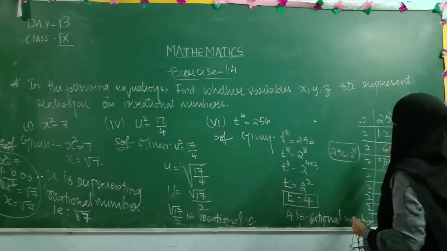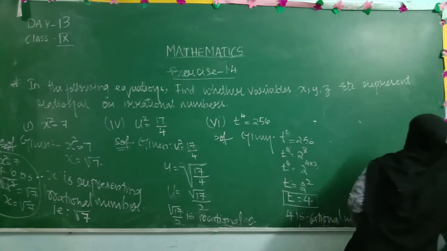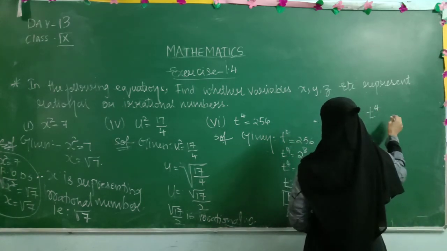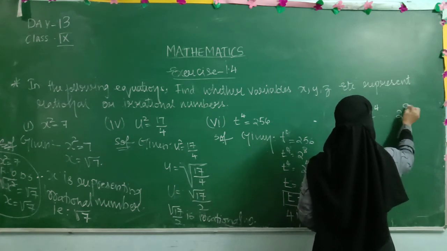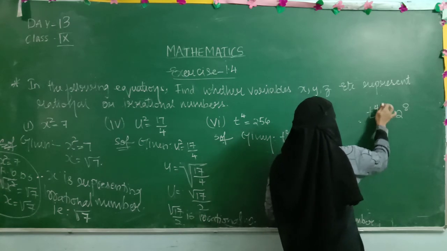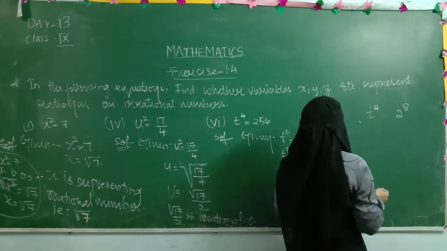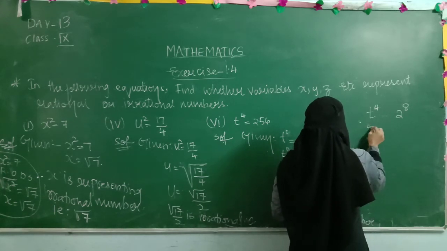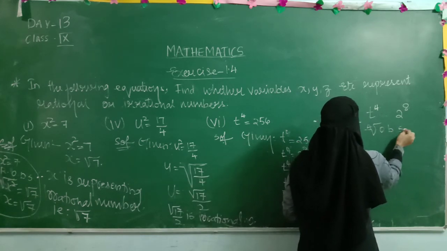t is equal to 4. t to the power of 4 equals 2 to the power of 8, you got here. Okay, now as this is a 4, this 4 means fourth root. With the fourth root, not the square, we are taking the fourth root on both sides.